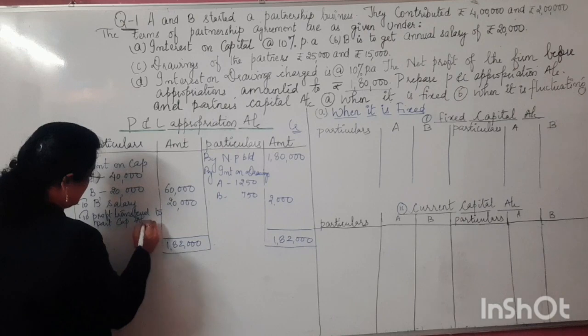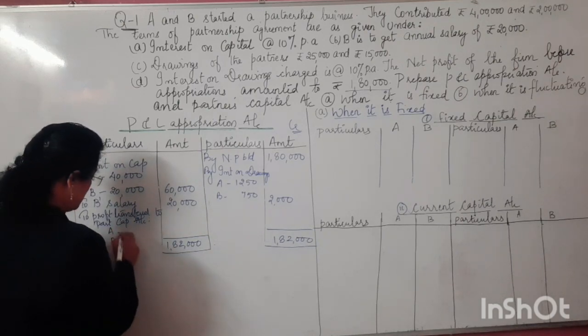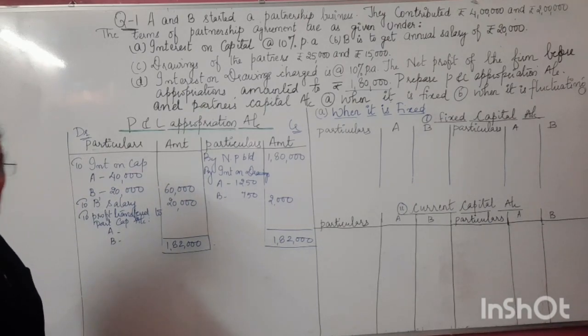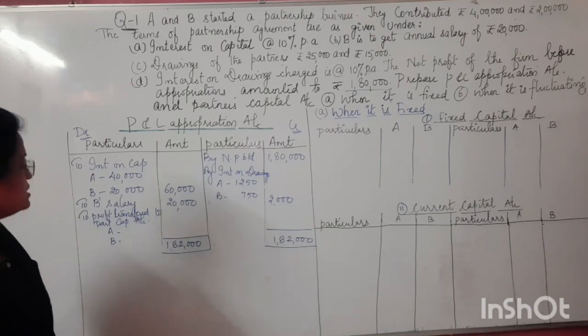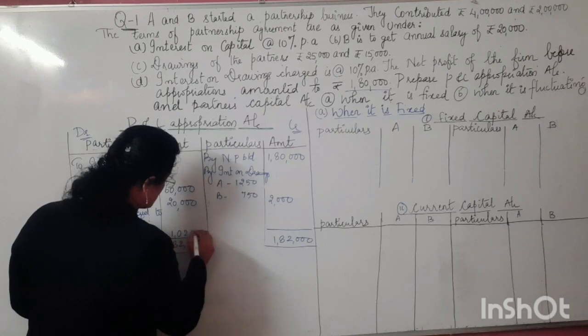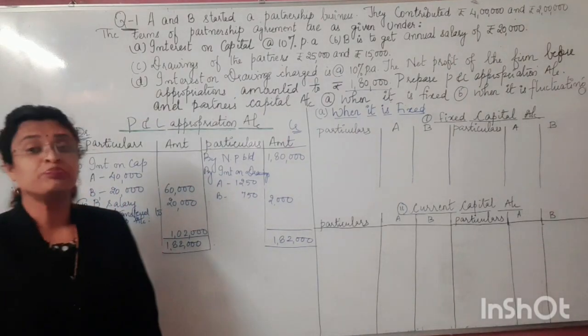Okay children, for A and B, now the question arises of how to distribute it between A and B. Let's find out first. 1,82,000 minus 80,000 gives us 1,02,000 as the profit.